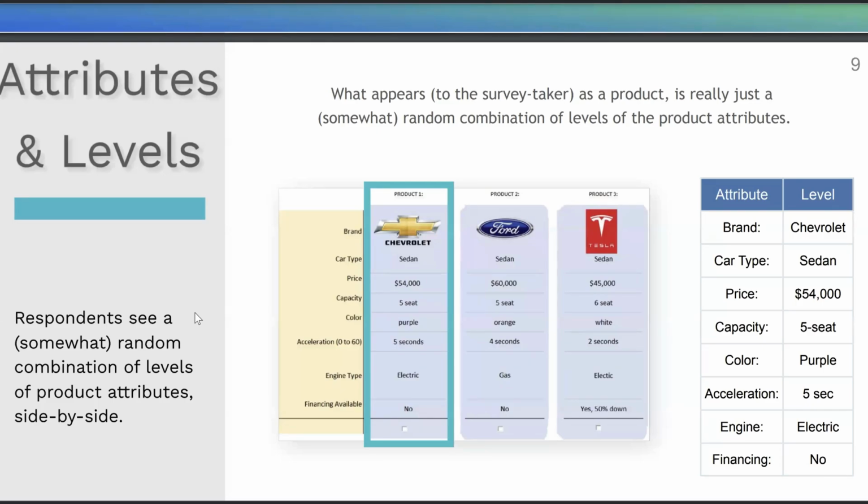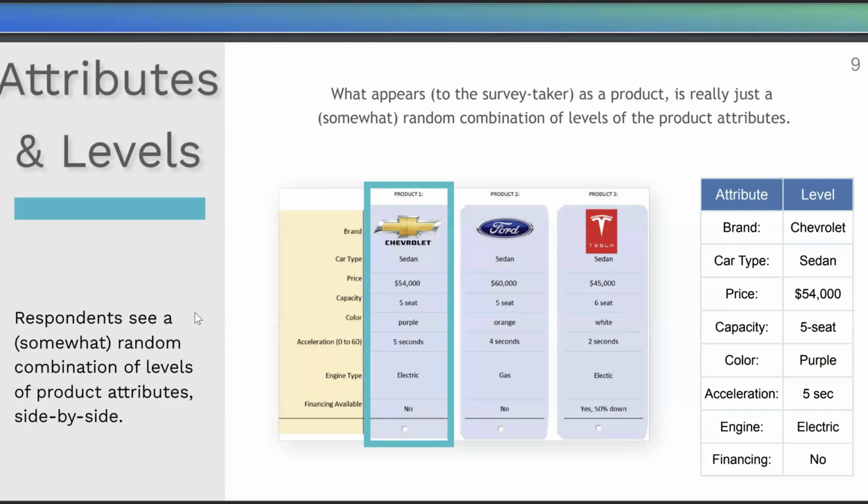It's sold for $54,000. It's a 5-seater. It's purple. We cannot have enough purple Chevys, of course. It can accelerate to 60 miles per hour in 5 seconds, etc. So these are the levels of the attributes of brand, car type, price, capacity, color, etc.